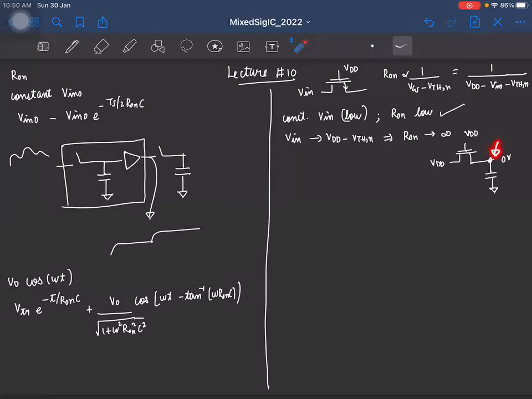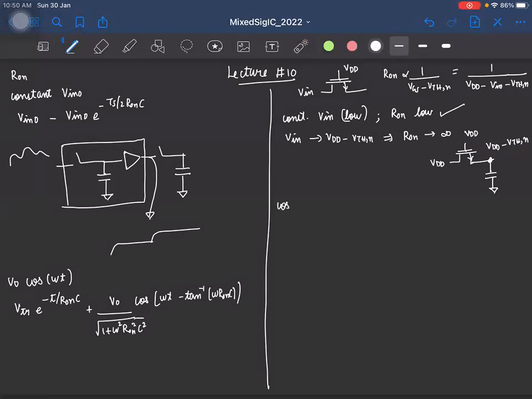So this voltage will keep increasing, and the maximum it can reach is VDD minus VTHN, right? Because once it reaches this voltage, the gate to source voltage becomes just equal to the threshold voltage, and so the MOSFET turns off, right? And the on resistance becomes infinity. Okay. And this is with respect to the constant input.